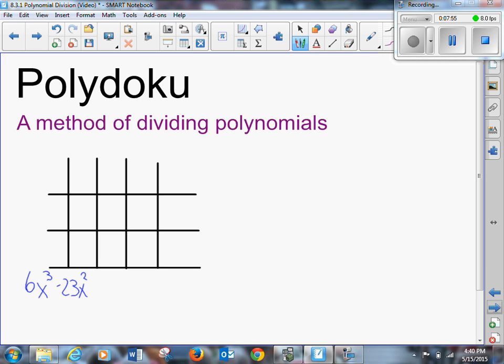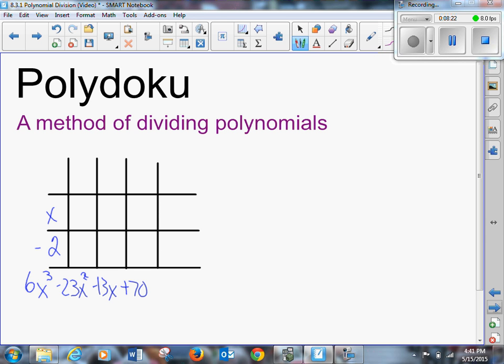Notice that I'm going to line up some of these numbers underneath the vertical bars above them. Minus 13x plus 70. So we label that on the bottom. That's our given polynomial. On the left-hand side vertically, I'm going to put the factor that we found, the x minus 2.